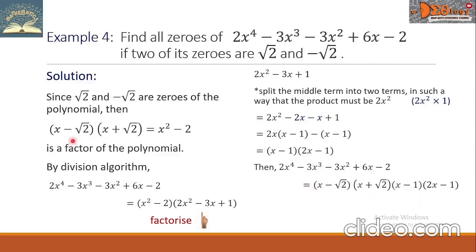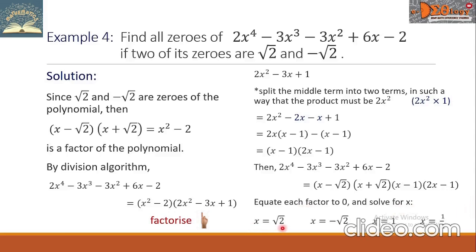We show now this x - √2 and the x + √2 representing the x^2 - 2. Then we write this x - 1, also the 2x - 1. We equate each factor to 0 and solve for x. Therefore, we will have like this.